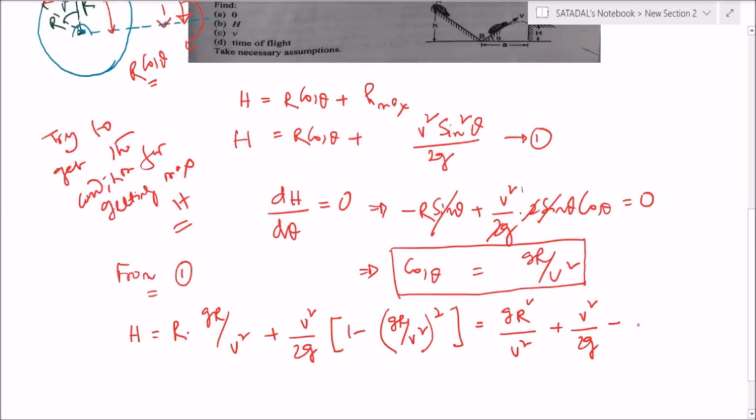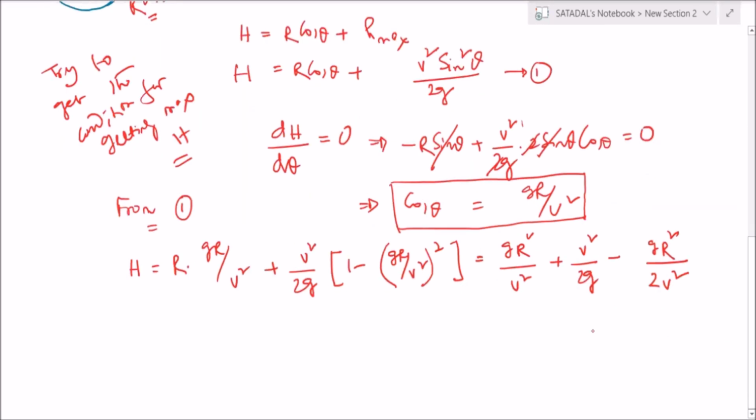So as a result we will get gr square by 2v square. Check this one. Everyone go through the calculation. So H is coming to be gr square by 2v square plus v square by 2g. Is that okay? Is that okay now? Okay.